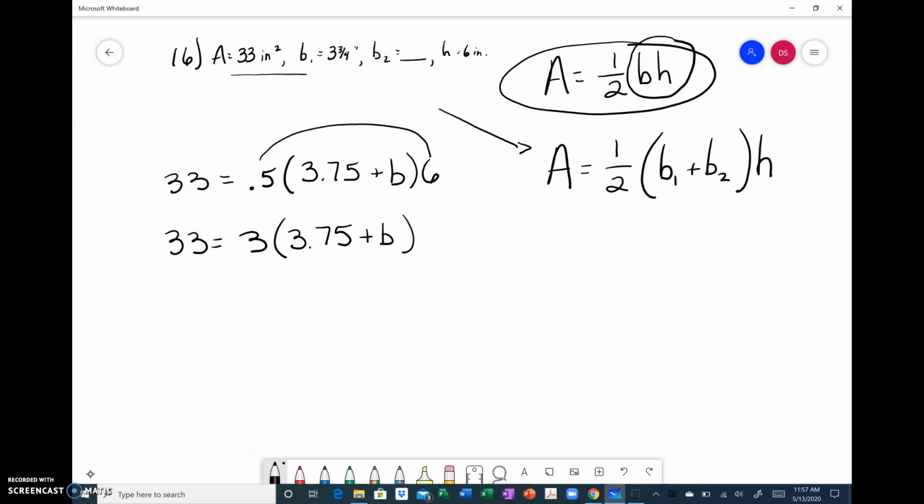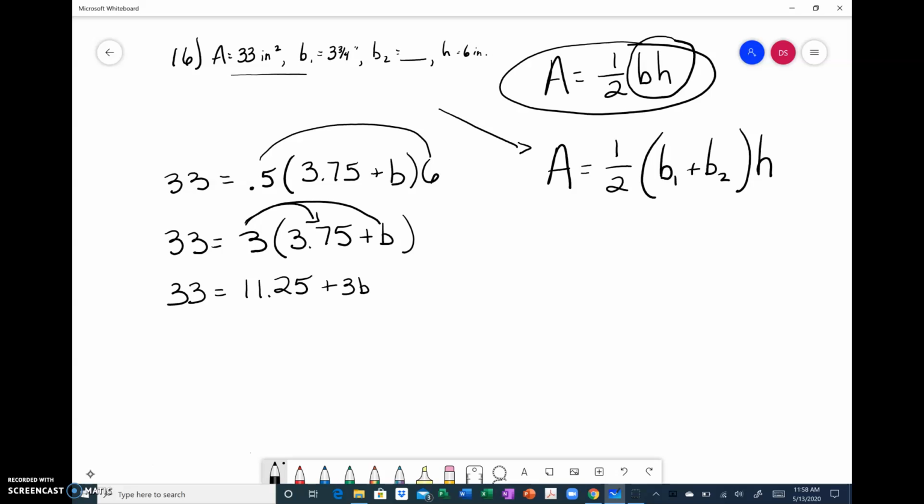They are not like terms. So I'm forced to use the distributive property to get rid of these parentheses, okay? So I now have 33 equals, and I'm going to use my calculator, 3 times 3.75 is 11.25. Plus, and distribute the 3 to the b, and I get 3b.